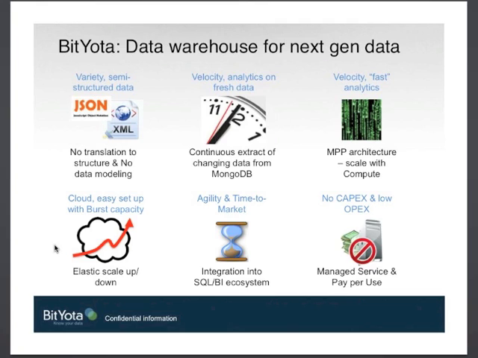The beauty of such a system is clearly you don't have to invest time and energy in translating your JSON data to any structured form, and therefore the flexibility it gives you is your upstream application can change. That's one of the reasons why upstream application developers choose JSON, because they could add features, they could remove features, etc., whereby it doesn't require a schema change in the data system.